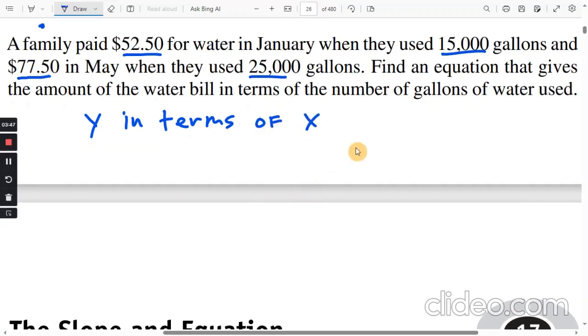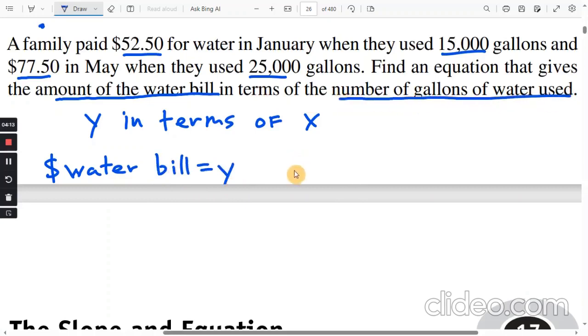All right, so we want an equation that gives the amount of the water bill. So y is basically the water bill in dollars. And they want it in terms of the number of gallons of water used. So the number of gallons of water is going to be your x. Okay? And that makes sense anyway.